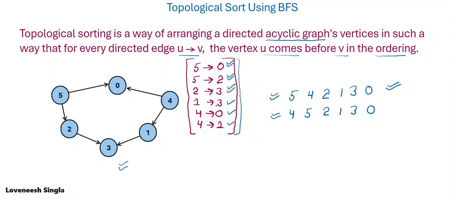Now there is an edge from 1 to 3. 1 is coming before 3. So this is also fine. Now from 4 there is an edge to 0 and 4 is coming before 0 in this ordering. So this edge is also fine. And there is an edge from 4 to 1 and 4 is coming before 1 in this ordering. So this edge is also fine. So we can say that this is also a valid topological sorting.